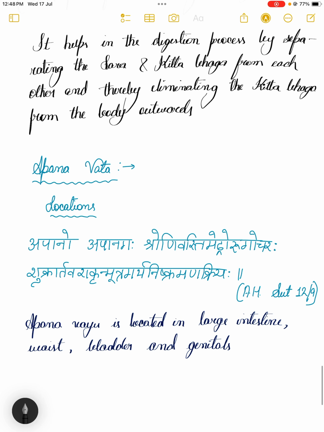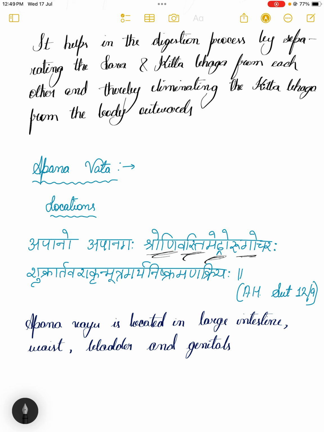Next, last but not the least, the Apan Vayu or Apan Vat. Acharya Vagbhat in Ashtanga Hridaya Sutrasthan 12th chapter has mentioned that Apano apanagaha shroni vasti medra rugo charaha shukrartava shakrina mutra garbhini nishkramana kriyaha. Now what does this mean? Apano apanagaha shroni vasti medra rugo charaha means it is located in the large intestine, the bladder and the genitals.